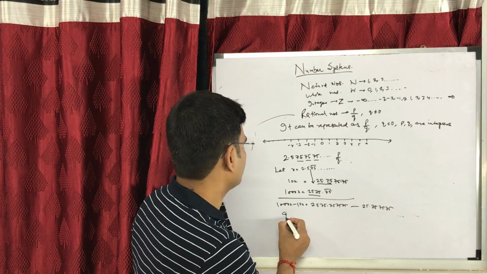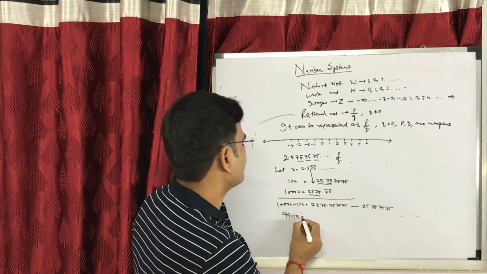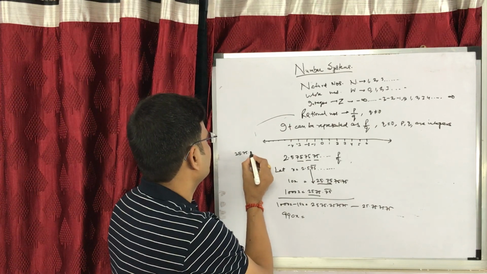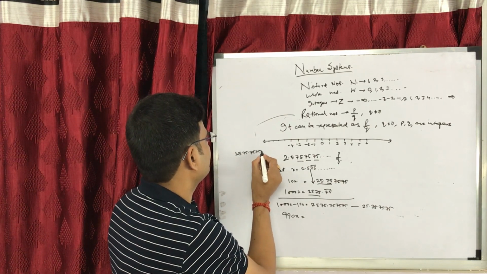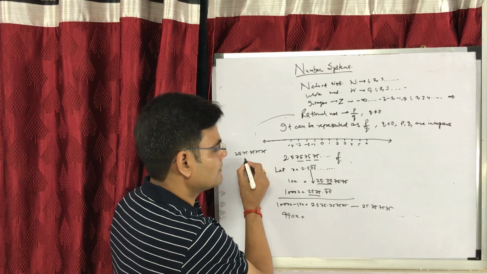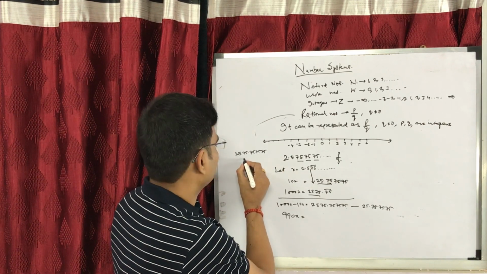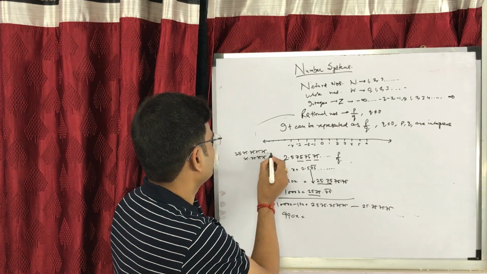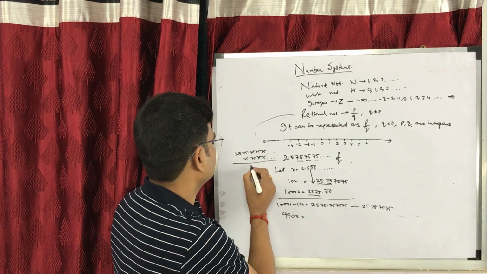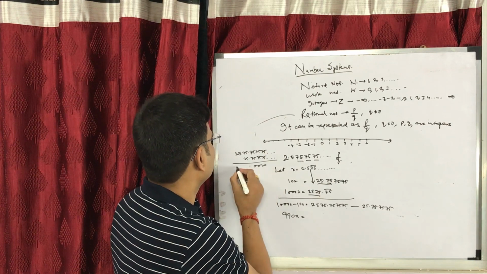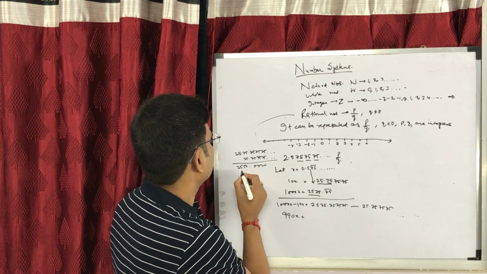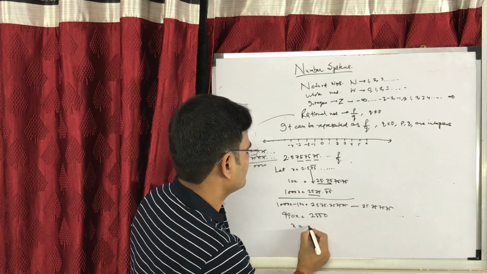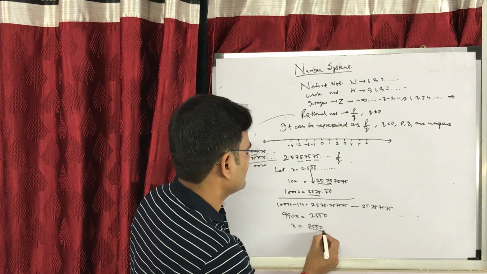So what do you get? 990x is equal to, when you subtract 2575.757575 and 25.757575, all the decimal part will become 0 and you will be left with 2550. So this is 2550. So x is how much? 2550 by 990.